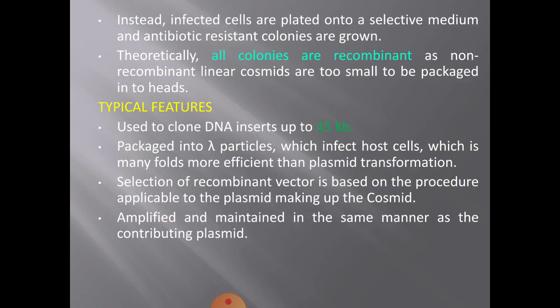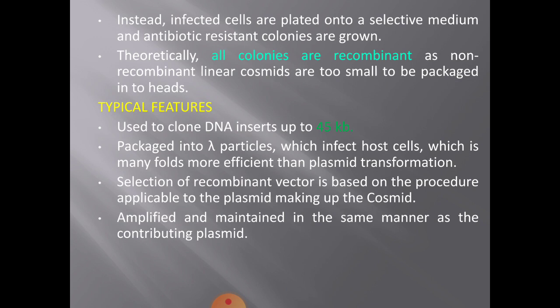What are the typical features of a cosmid? They are used to clone DNA inserts up to 45 kb. An advantage: earlier, it was 25 kb with lambda phage, and 15 kb with plasmids, but here DNA inserts as big as 45 kb can be cloned. Then, packaged into lambda particles, which infect the host cells, it is many folds more efficient than plasmid transformation.